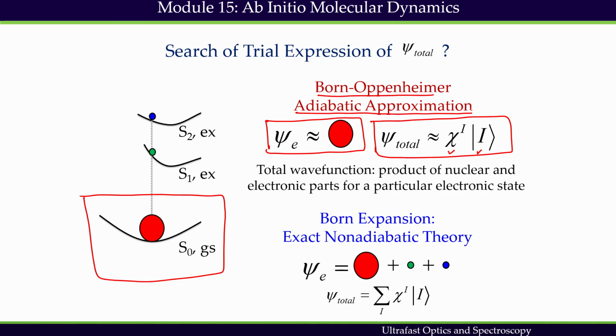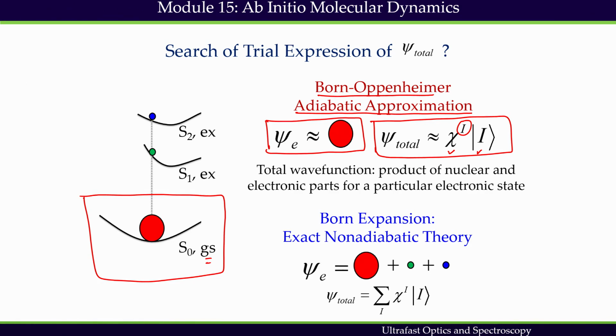In the adiabatic approximation, we do not see any other configuration. We only look at a single electronic state, for example the ground state. In this approximation, it is assumed that electronic states are well separated in energy, and the total wave function can be expressed as the product of nuclear and electronic parts in a single electronic state.